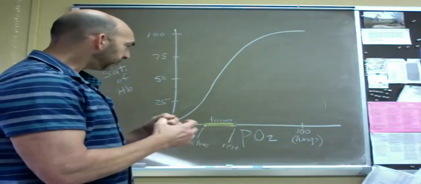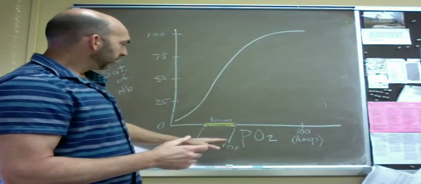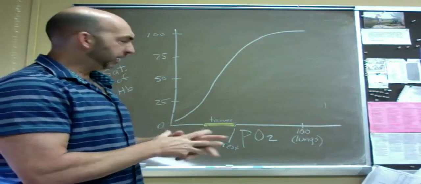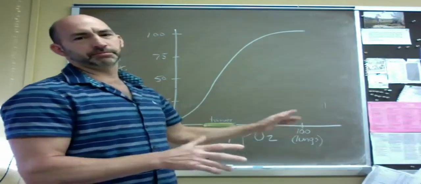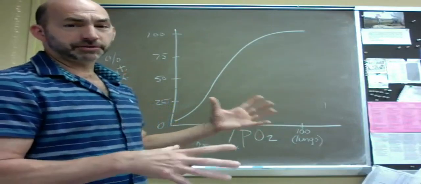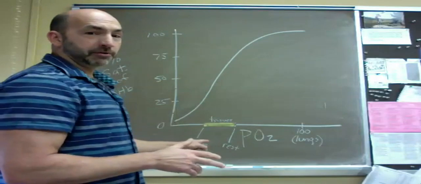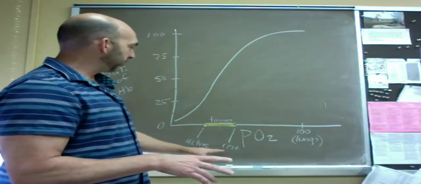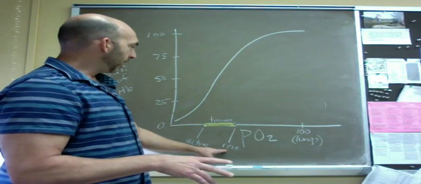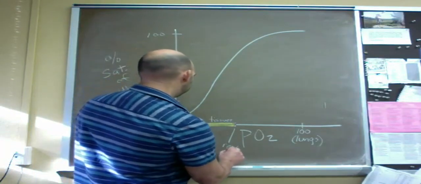Now, at the systemic tissues, the PO2 is more variable, right? Here, unless you're at high altitude or you have a respiratory disease, it's going to be 100. Some people might call it 105, just rounding it off to a nice round number. The tissue PO2 is much more variable based upon whether the tissue is at rest, in which case it will have a PO2 of about 40.